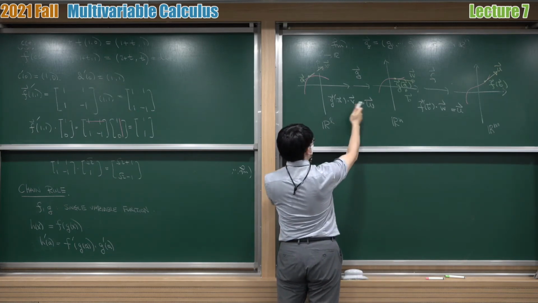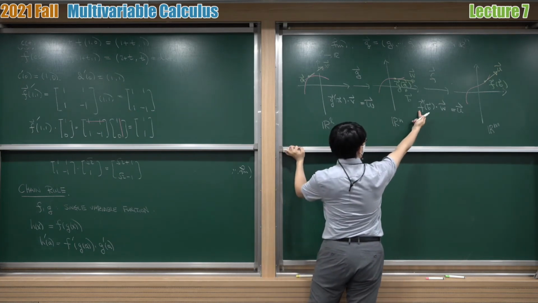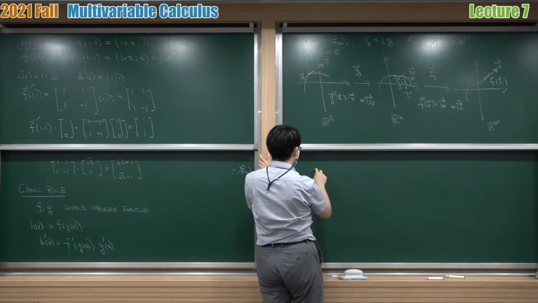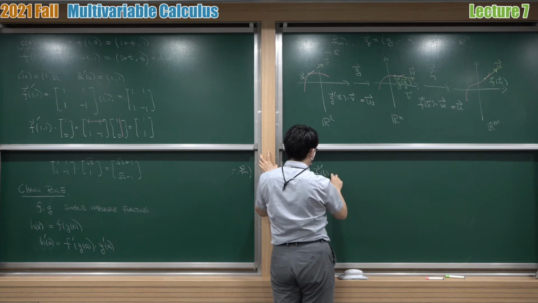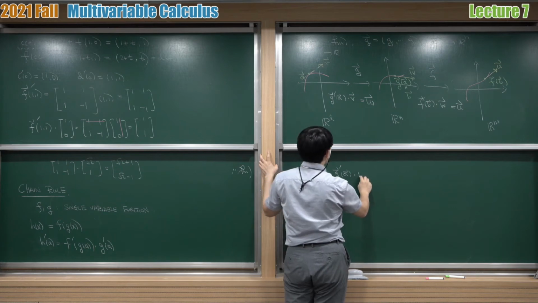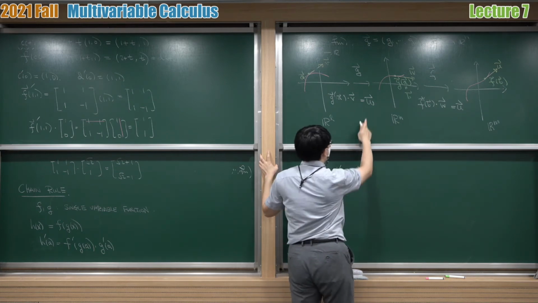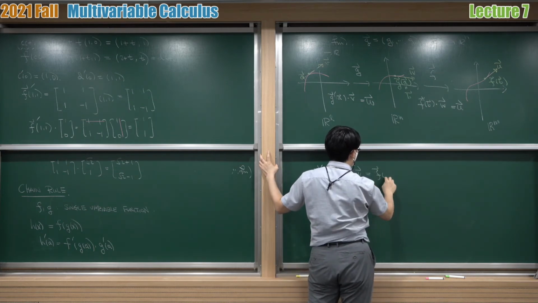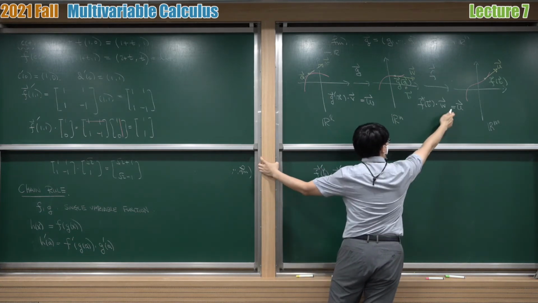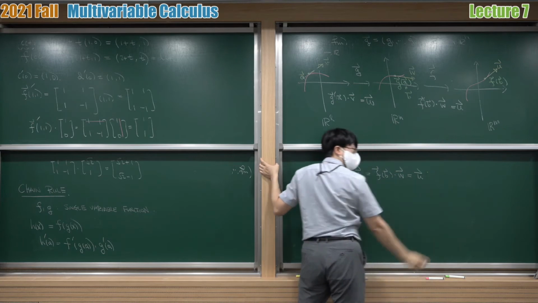Let's multiply this f prime B on the left and right. You get f prime B times g prime A times v, and that equals f prime B times w, and that equals u.